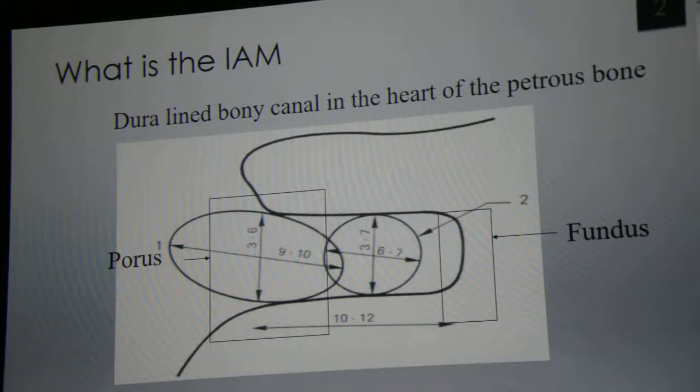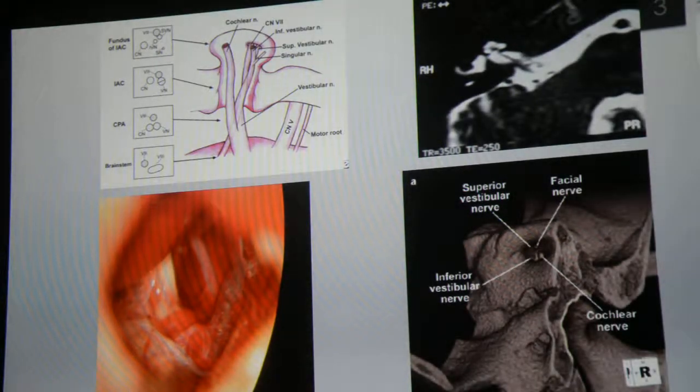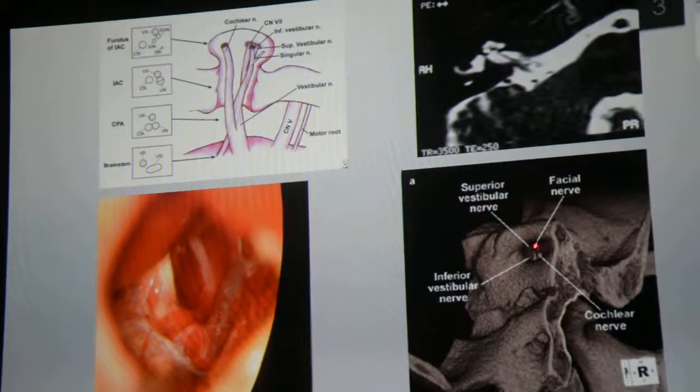It has a medial opening and a lateral blind end. The medial opening is called the porus, through which go all the structures which transit from the cerebellopontine angle through the internal auditory canal to end at the fundus, which is the blind end. So we have all these structures traveling from the cerebellopontine angle, and these are the structures which go through this porus to end at the fundus.